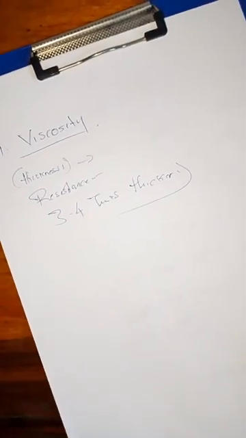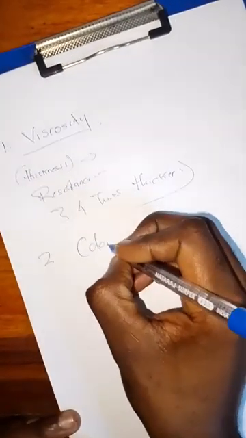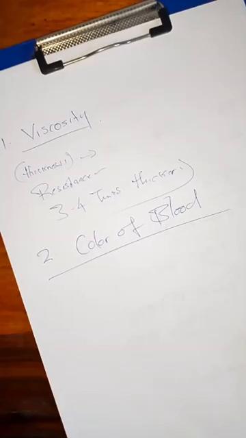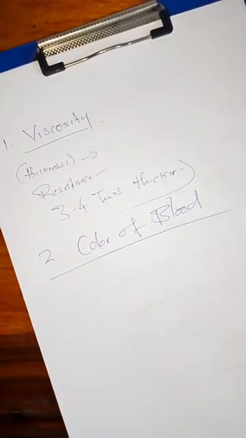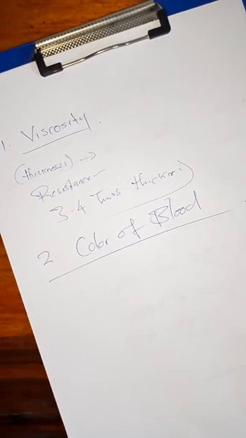Okay, then the other property that we are going to look at is the color of blood. You can differentiate blood depending on how it presents itself in terms of color.